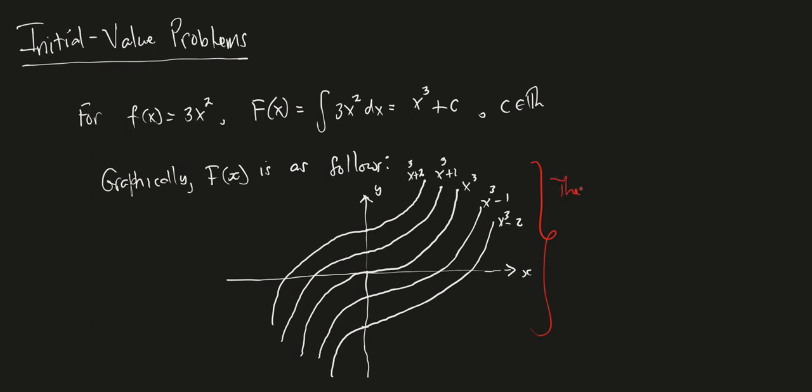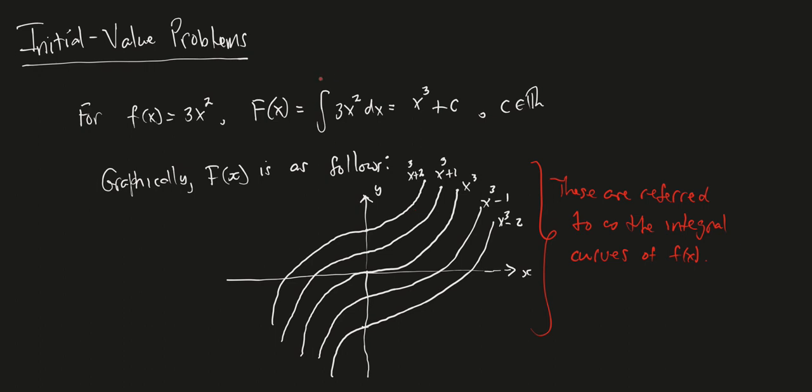So these are referred to as the integral curves of our little f of x. In other words, these are the curves that you will obtain by finding the integral or the antiderivative of 3x squared, right?